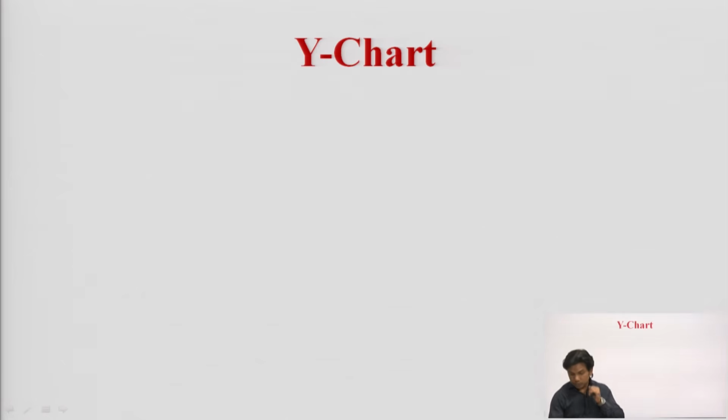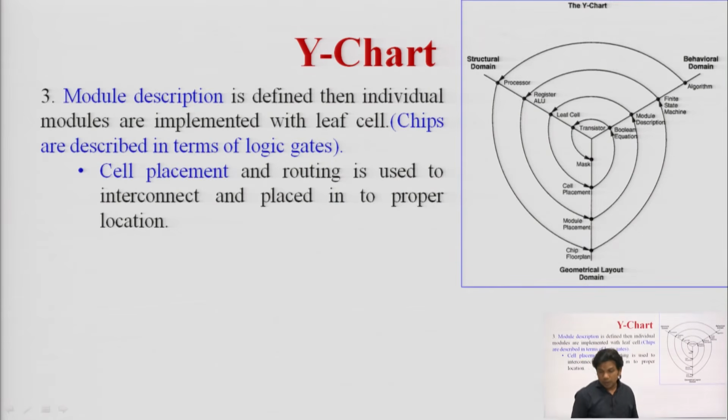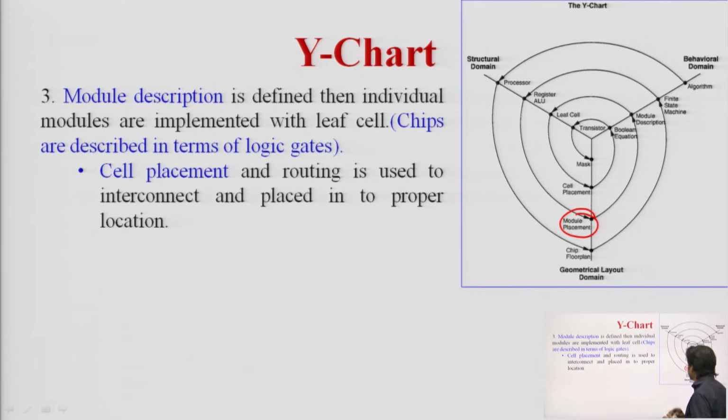Now, in the third, again the module description. Whatever module you have designed, here your module placement is done. Now you have to go again to the behavioral domain and describe the module. Once it is described, you go for the logic gates.